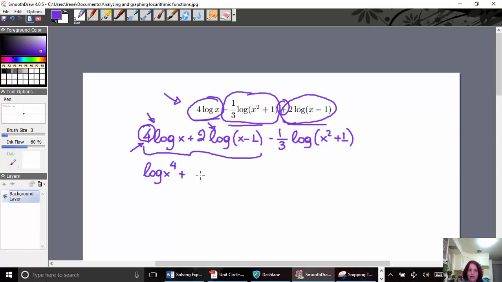So I have this logarithm of x to the 4th. Here I have 2 times log, so I will push the 2 at the exponent of the argument. And here I have 1/3, so I will push the 1/3 into the exponent of this argument.